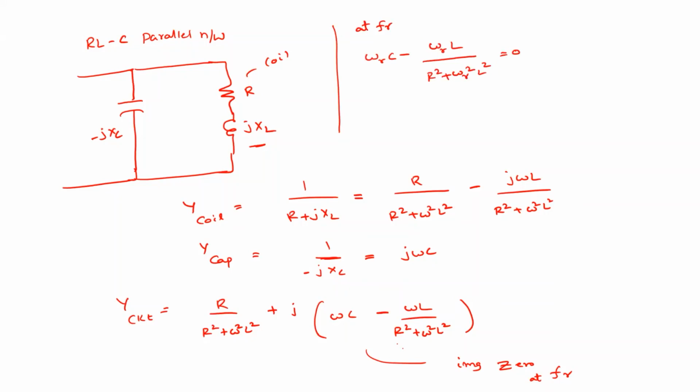Clear? Why are we equating the imaginary part to 0? That is a fundamental thing in finding the resonance. At resonance, the imaginary part will be 0. The circuit is purely resistive. So that's why you equate the imaginary part to 0 at resonant frequency. That is the basic definition of resonance. Understood?